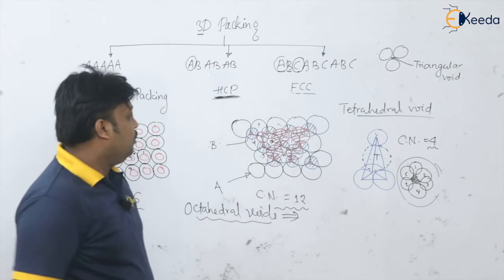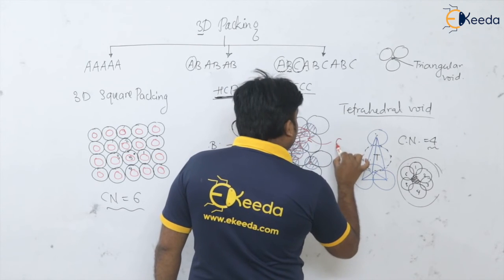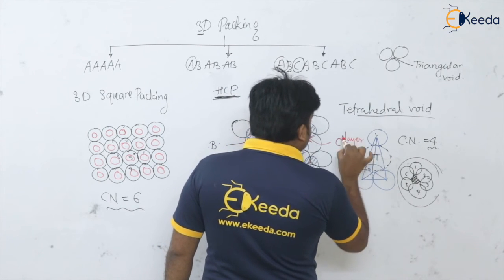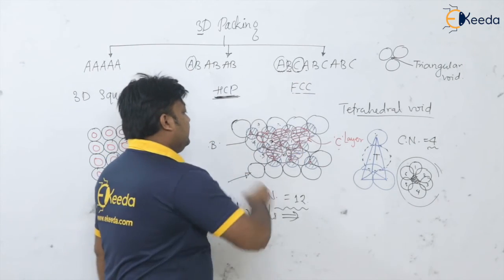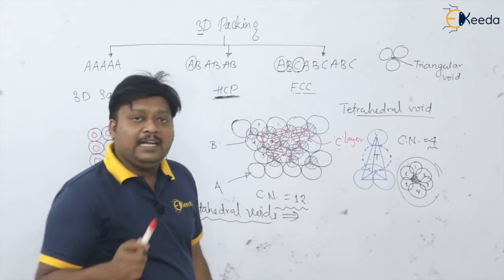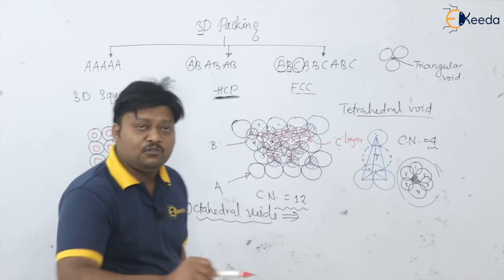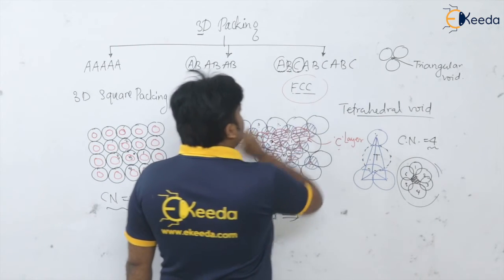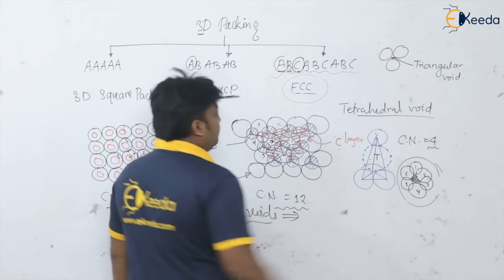Okay, so this red pen is showing us the C layer, isn't it? So in this structure, if I am going to cover all the octahedral voids, then your structure becomes FCC with the sequence ABC ABC ABC.